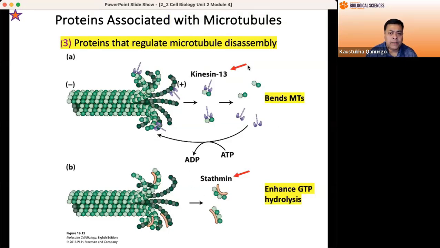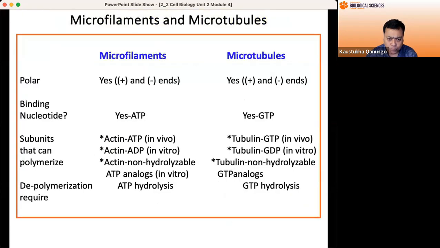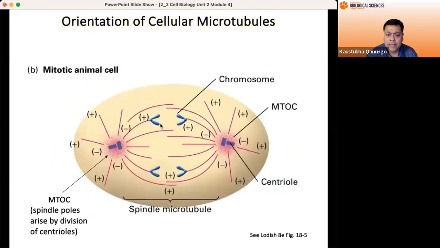All right, so now we are looking at what are the different proteins and how they basically regulate the disassembly. Two different proteins, they break the microtubules in two different ways. And this is the most interesting part. See that this is showing you that this is happening at the plus end. Remember that they do dissociate at the plus end as well as the minus end as it is required. So for example, these proteins will be working at the plus end, at the minus end.